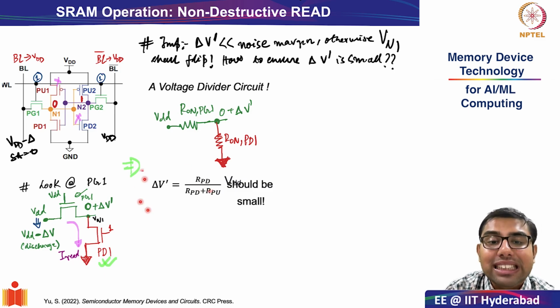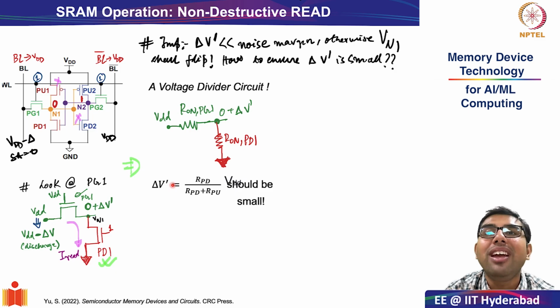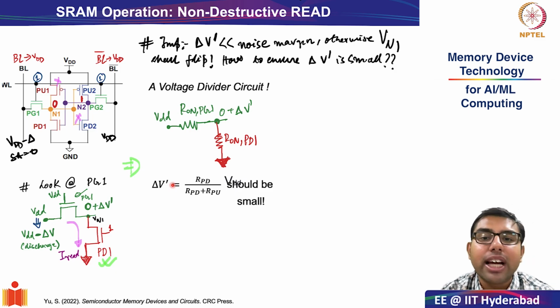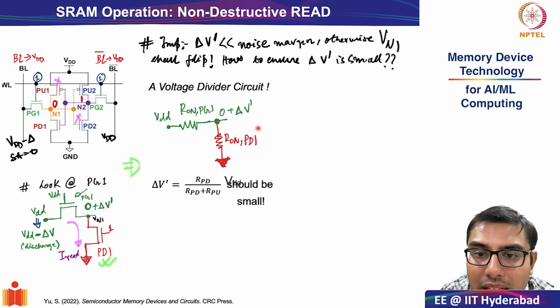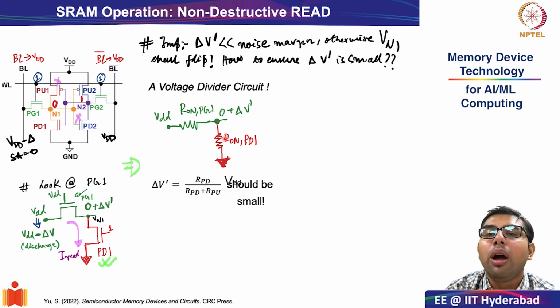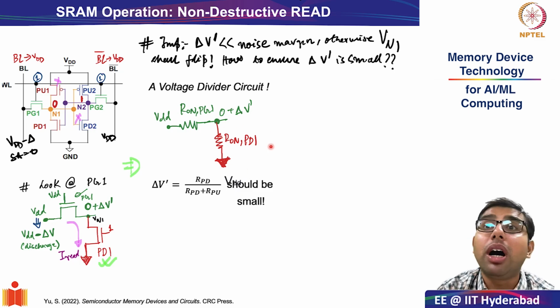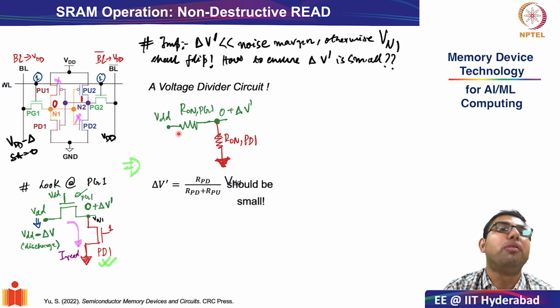And to ensure that this is a non-destructive read, we should make sure that delta V dash should be very small. How do we ensure that delta V dash should be very small? We should ensure that the strength of the pull down transistor should be much larger than the strength of the pass gate transistor.